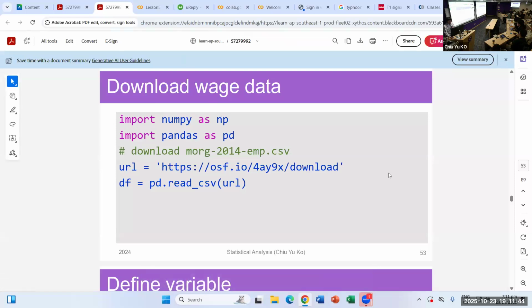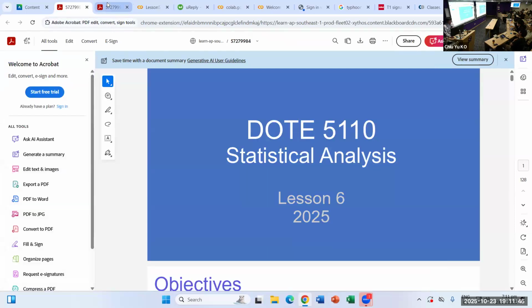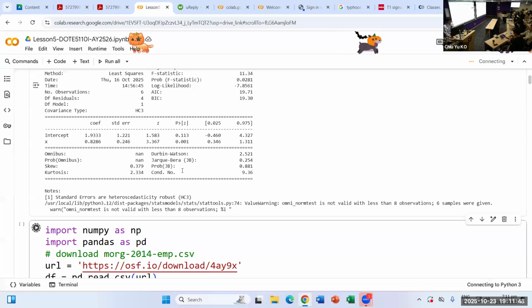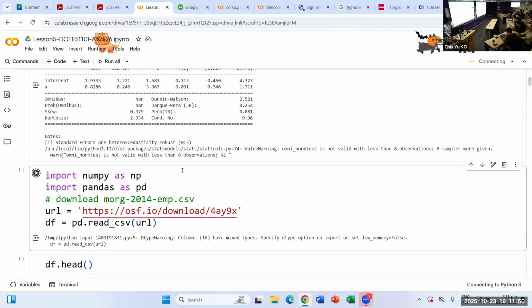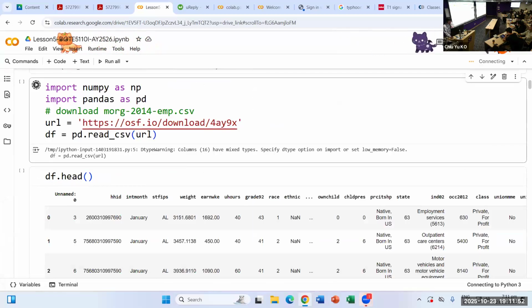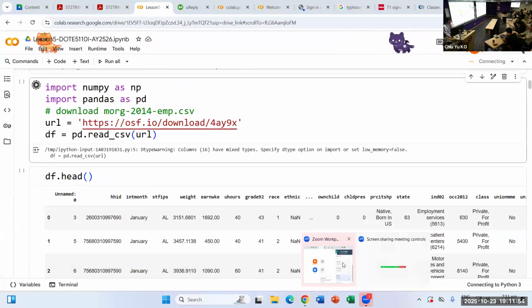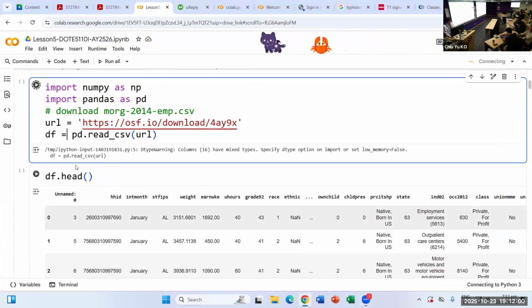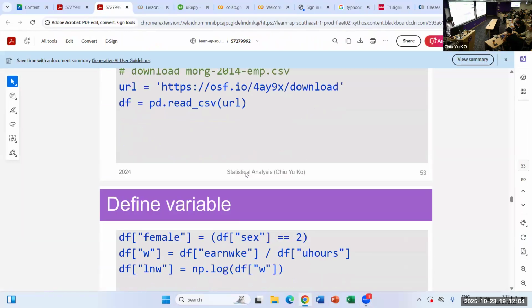Chapter 9. It's still loading for some reason, but let me go to the slide first.